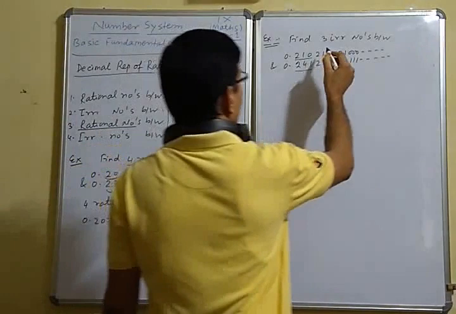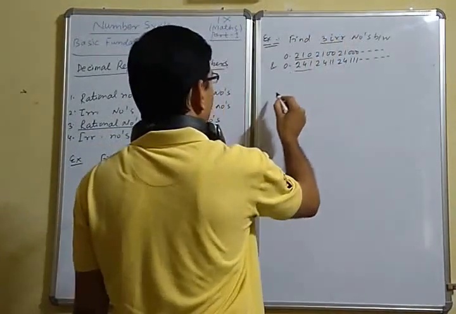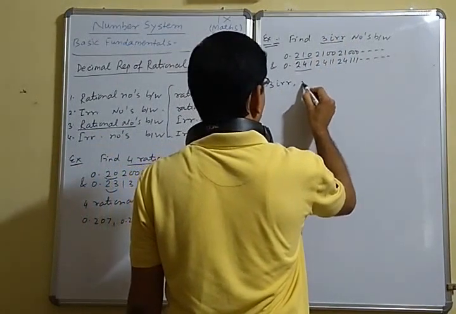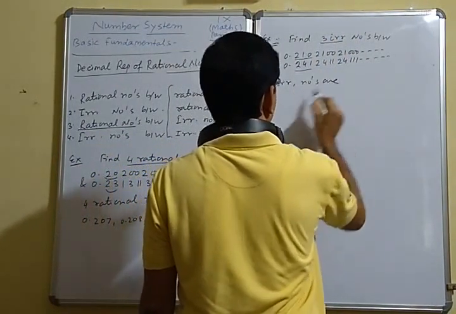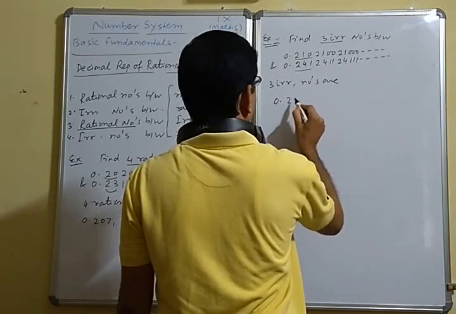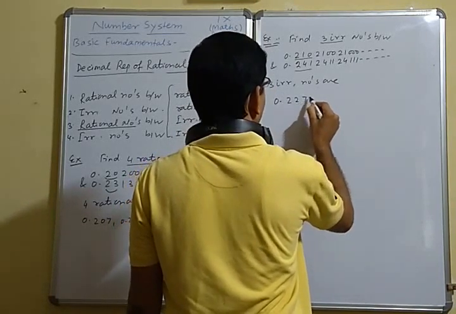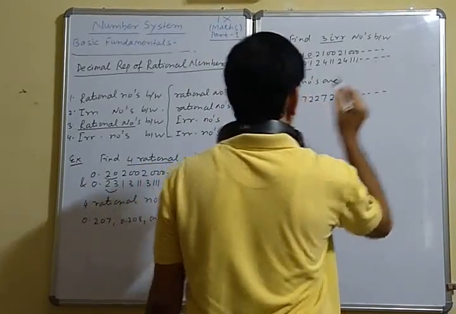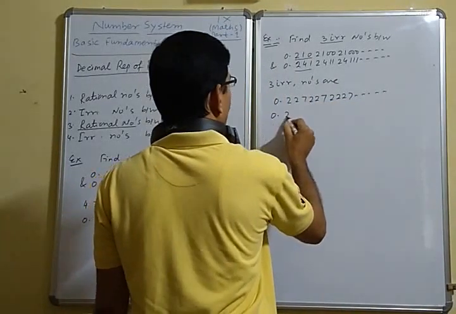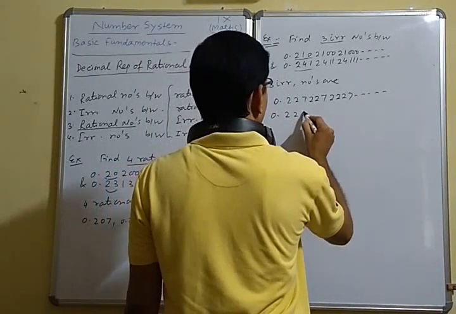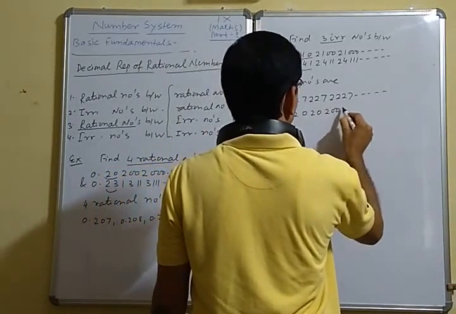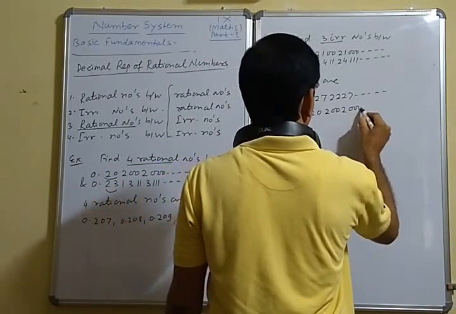Now we have to insert only three irrational numbers. The three irrational numbers are: 0.227227227 and so on, this is the first. 0.220, 0.2200, 0.22000 and so on.